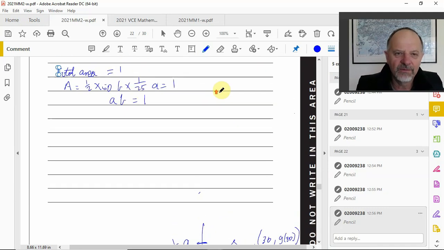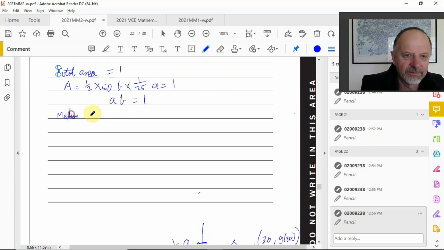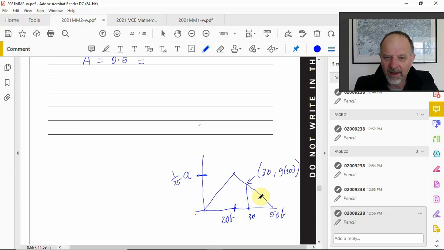Now then, from the median to the top, what we know about that area is equal to 0.5. And when we look at that, you see that that's a triangle as well.